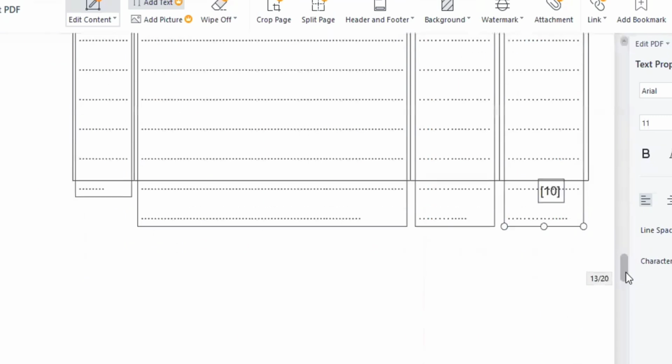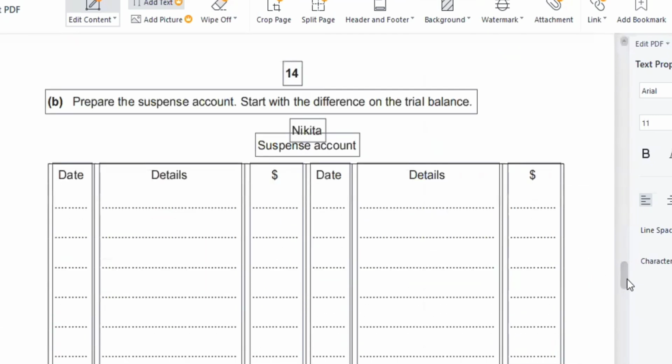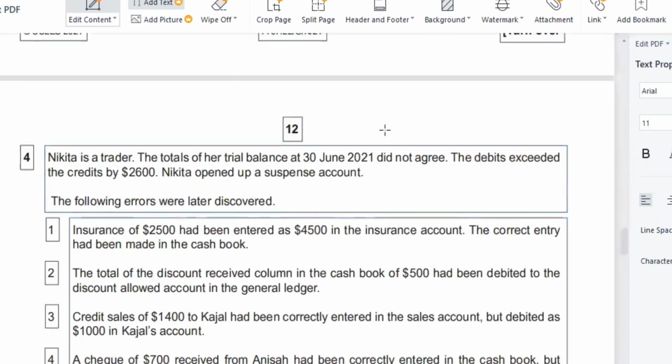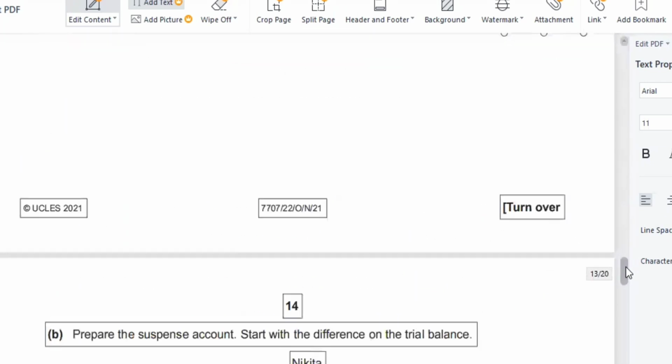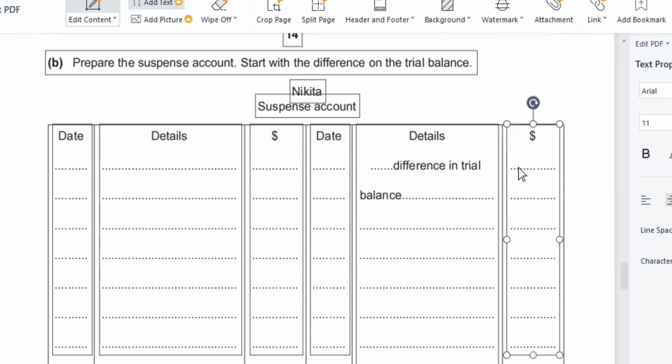Moving towards B part. Prepare the suspense account. Start with the difference on the trial balance, as it was written that debit exceeded the credit by 2600. So difference in trial balance would be 2600.